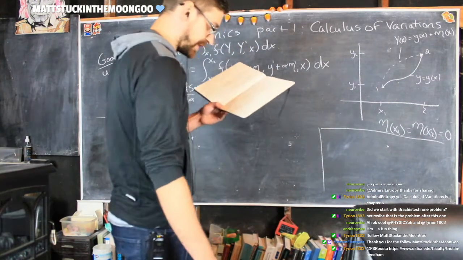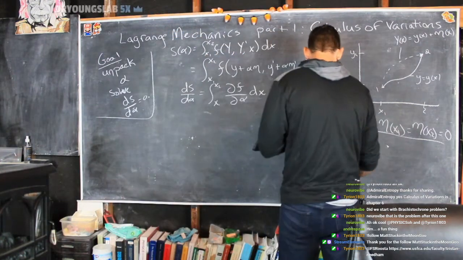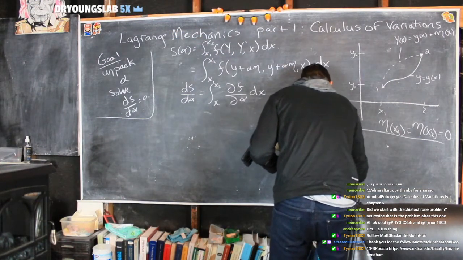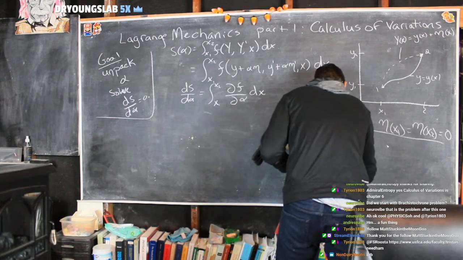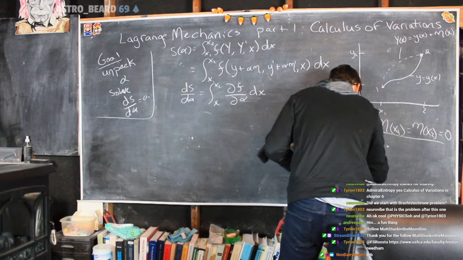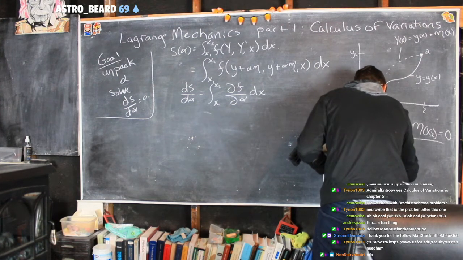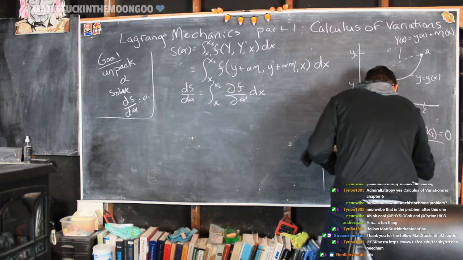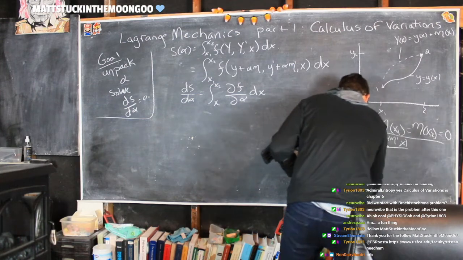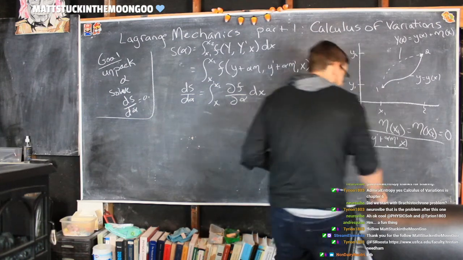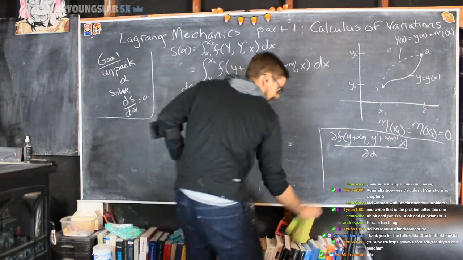What is that derivative? Well, we have the full derivative. Let me rewrite the whole thing. The partial of f with y plus alpha eta, y prime plus alpha eta prime, x, all with respect to the partial of alpha. Now we have a little bit of an issue here. Let me write this cleaner.